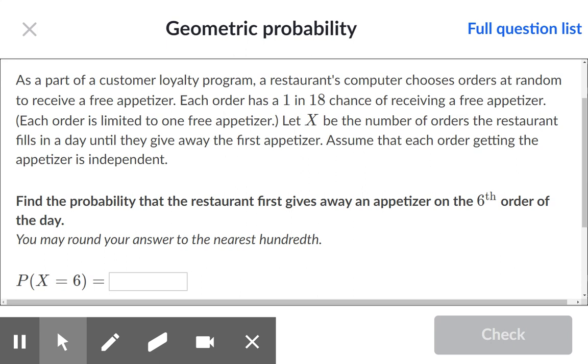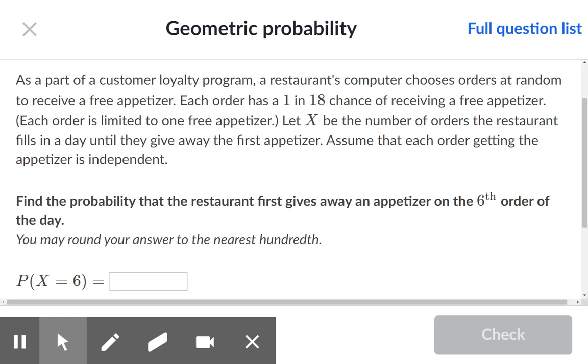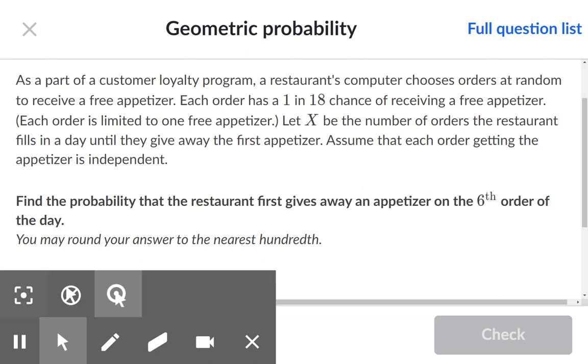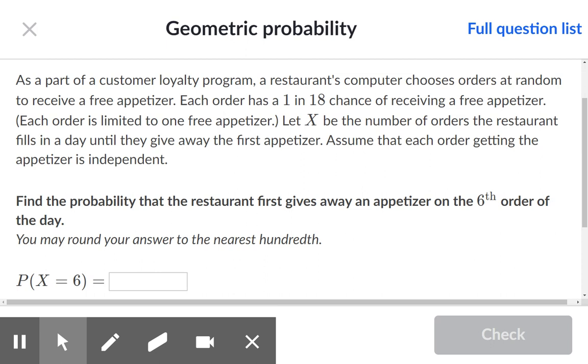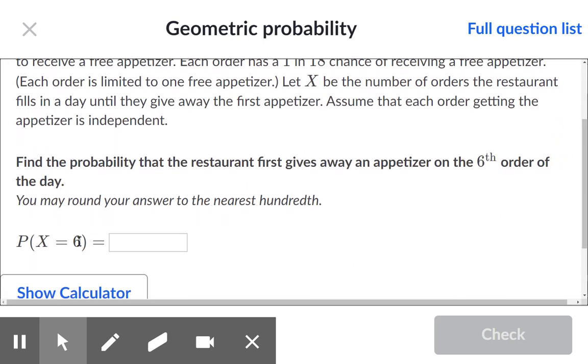So we are using PDF. So second vars, and then you scroll up or down. I prefer to scroll up because it's right here. geometPDF, and then the probability of success is 1 divided by 18, because here 1 out of 18. And R is the value that you want, not value of success, the value of trial.